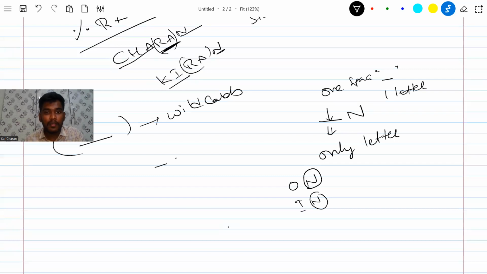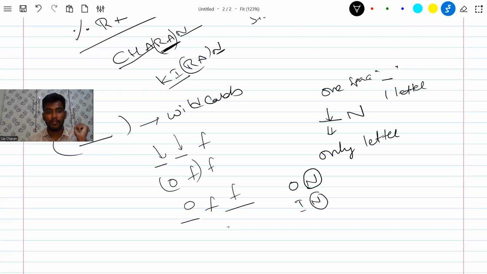Let's say underscore F underscore: it could be OFF. Each underscore stands for one letter and then there is one F, so in total it is a three-letter word. This is how the wildcard works.